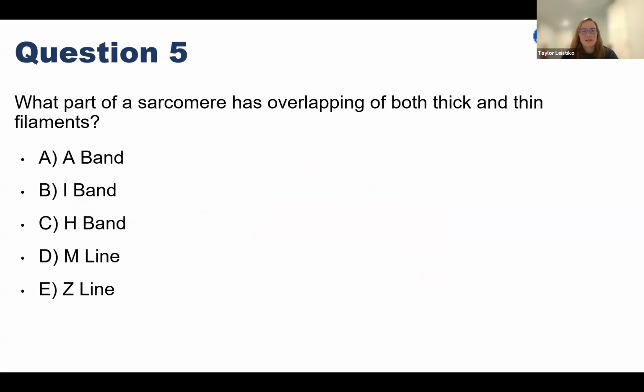Is it going to be the A band, the I band, the H band, the M line, or the Z line? And the poll in three, two, one.